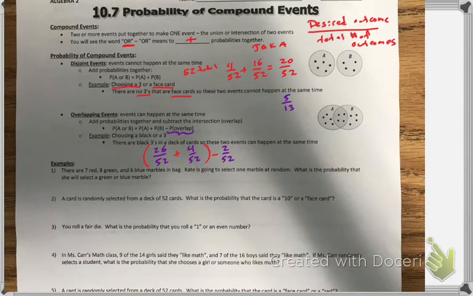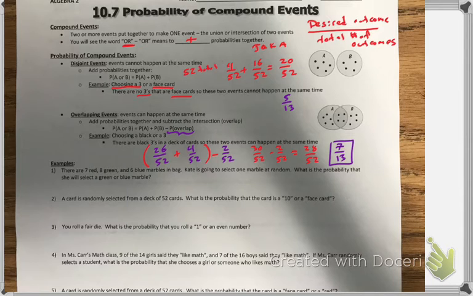So eventually this becomes 30 out of 52, subtracting 2 out of 52, which gets us to 28 out of 52. Once again, reducing that by 4. Okay, so 4 goes into 28 7 times, and it goes into 52 13 times. So we have a 7/13 chance of getting a black card or a 3 when drawing from a deck of cards.